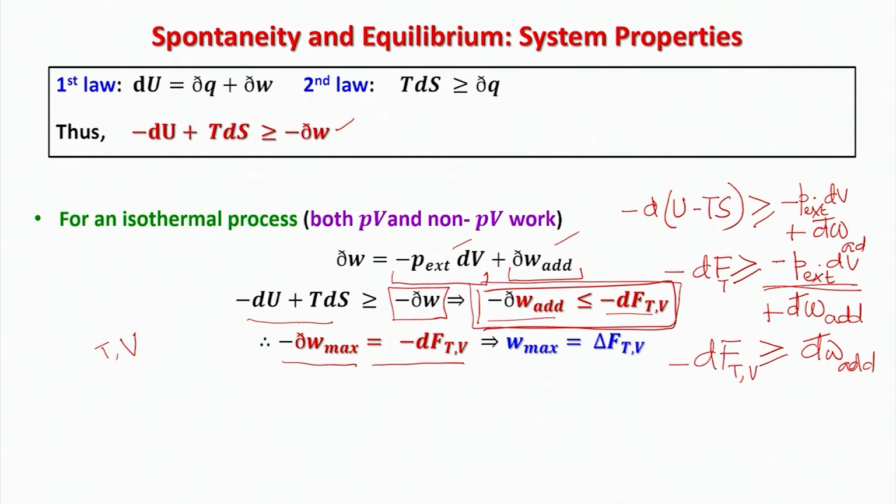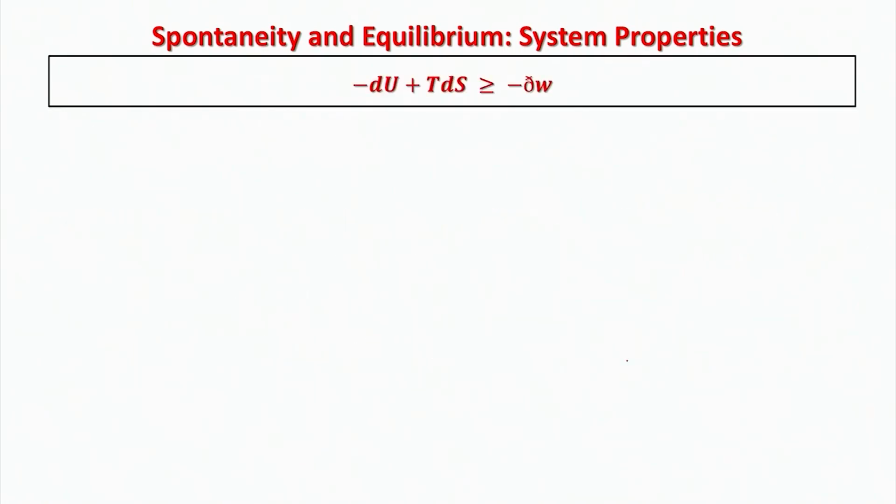If I now integrate these two quantities on the two sides from the initial state to the final state on both sides, what do I get? The left hand side turns out to be minus W max and the right hand side turns out to be minus delta F dV, and I have eliminated the negative signs.